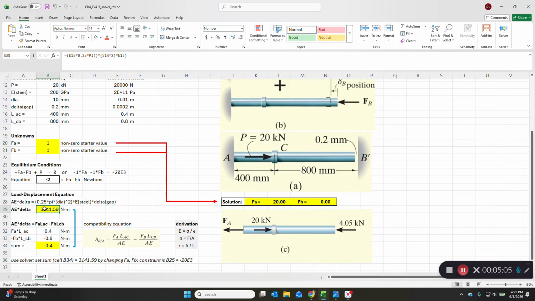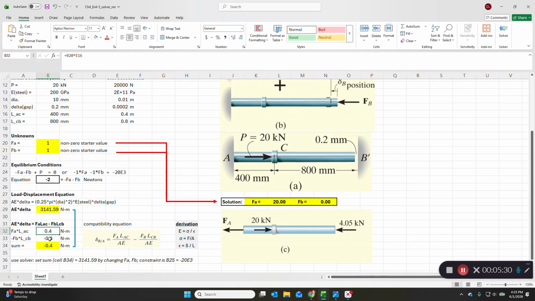And that is useful because we know that if we multiply both sides of this compatibility equation by AE, we get AE delta. I'm calling it delta, but it looks like a Greek letter lambda. AE delta is going to be equal to these two terms. The numerators remain: F sub A, L sub AC minus F sub B, L sub CB.